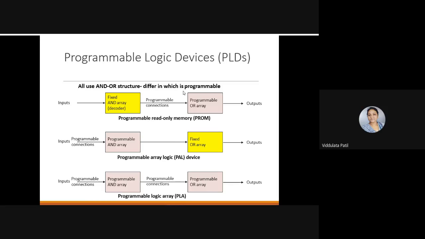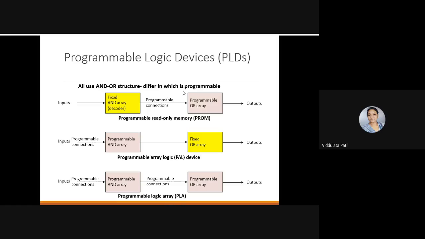Only they differ in which array is programmable. If we are considering the PROM, then as I said earlier, it is fixed at the AND array. As it is a fixed AND array, we can call it a decoder. So the first part of this programmable read-only memory is a fixed AND array, which is the decoder section.